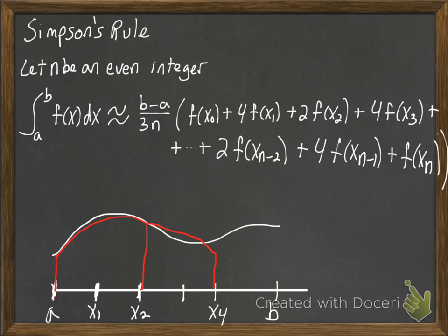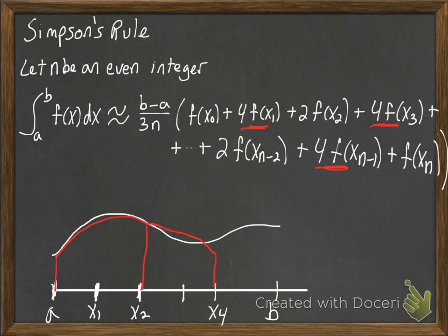The actual formula is very similar to the trapezoid rule, except you notice now we're dividing by 3n instead of 2n. And then notice the pattern on the numbers. The first and last numbers, just like in the trapezoid rule, only get used once. But then the middle numbers, instead of being just 2 all the time, alternate. You have 4s showing up.